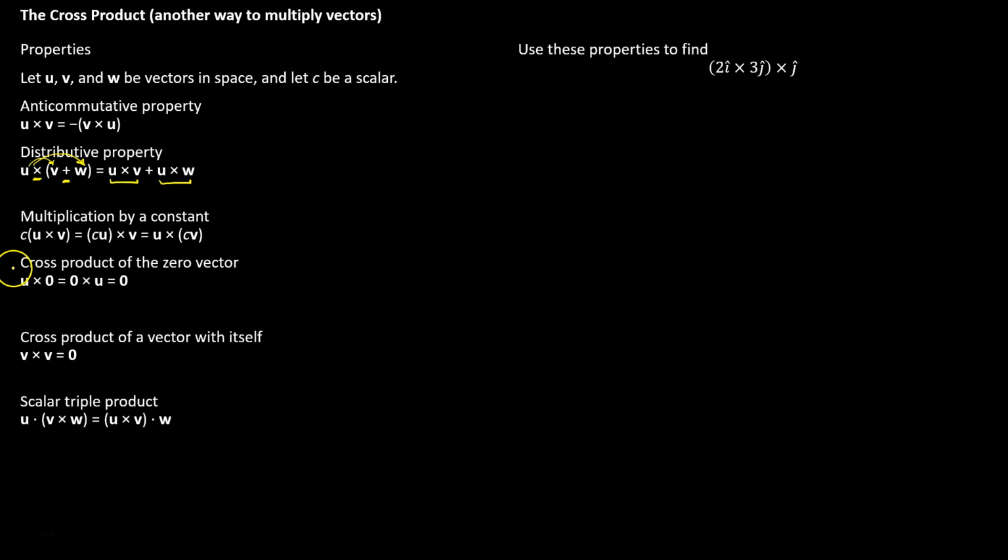We also have a property that says that when you cross a vector with the zero vector, the result is the zero vector. Now, let's pause for a second. This is a vector here, not the number 0. It's important to talk about this because remember that we're interpreting the cross product as a vector that's orthogonal to the other two vectors.